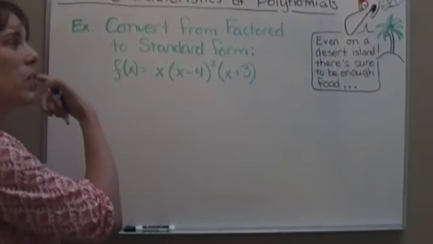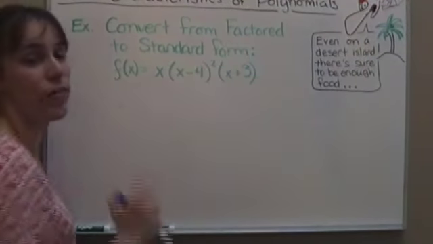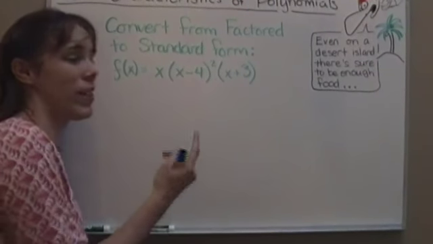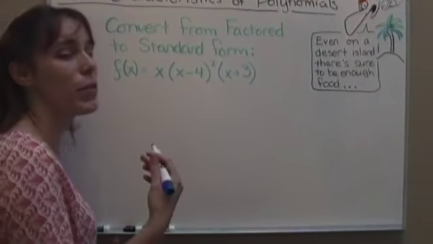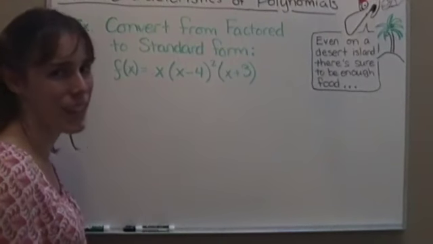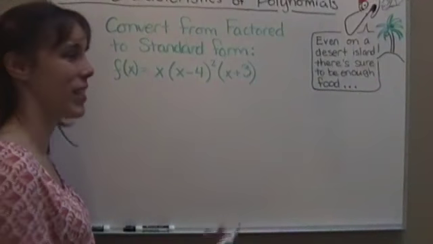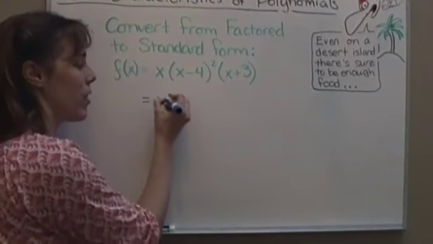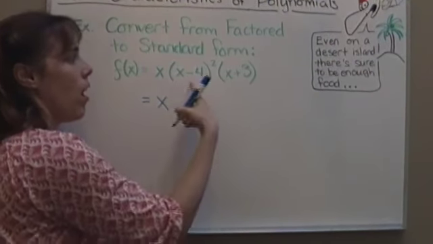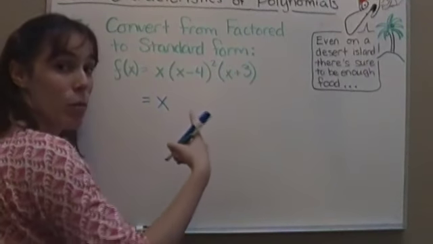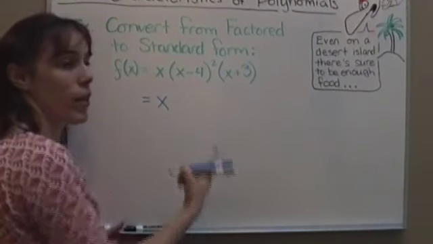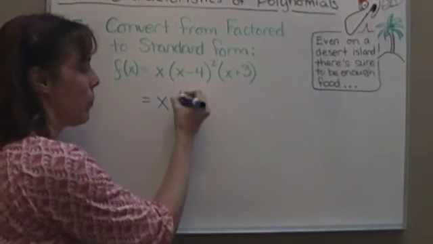Okay, so sometimes you don't actually want factored form, sometimes you do want standard form, and sometimes you have to do lots and lots of multiplication to get there. So here's where we just multiply to our heart's content. I'm going to leave this x until last. I'm going to deal with the squared terms first because I can do the squaring pretty easily in my head.